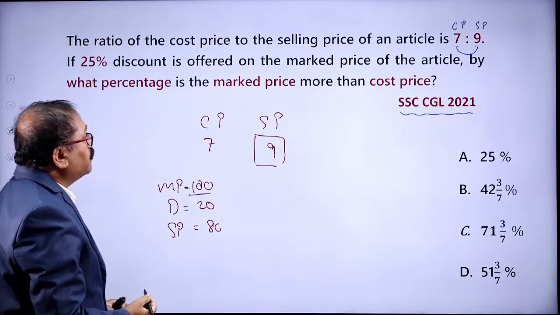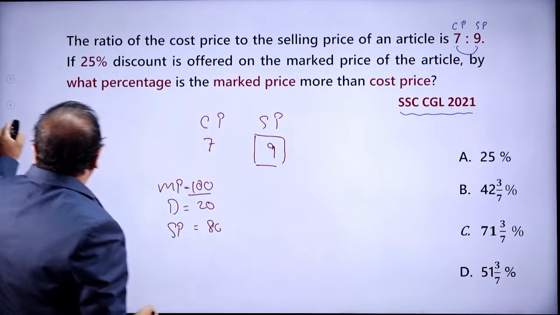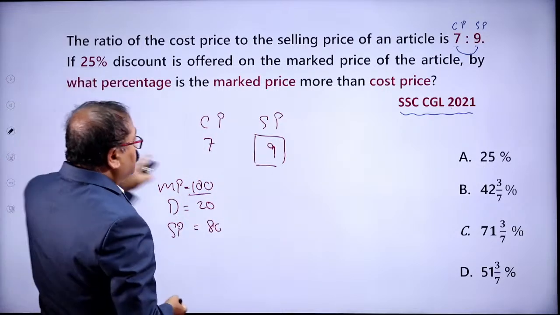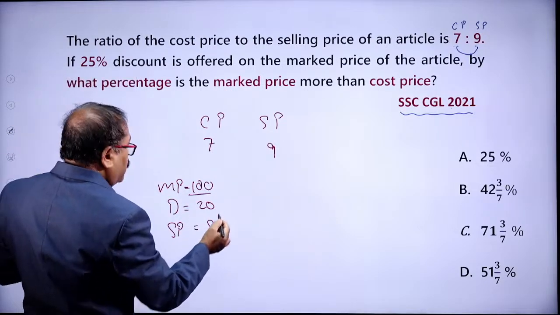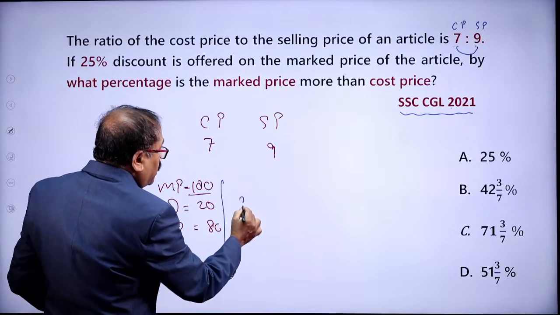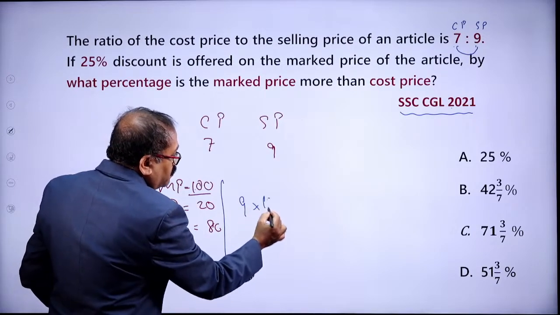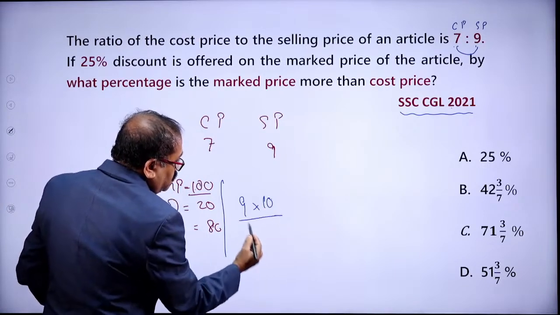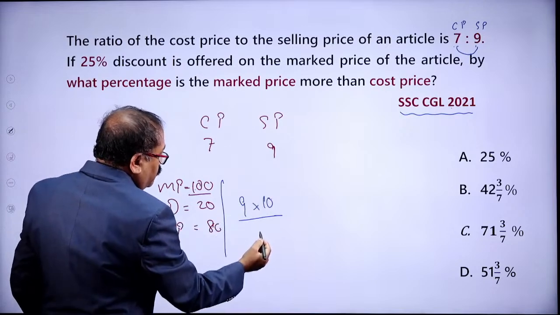So let's find it out. What is the mark price if this is 9? So I will move on to this part and then I will find it out. The mark priced over here, that is 9 into, I need the mark price which is 10, whereas here the selling price is given to us which is 8.